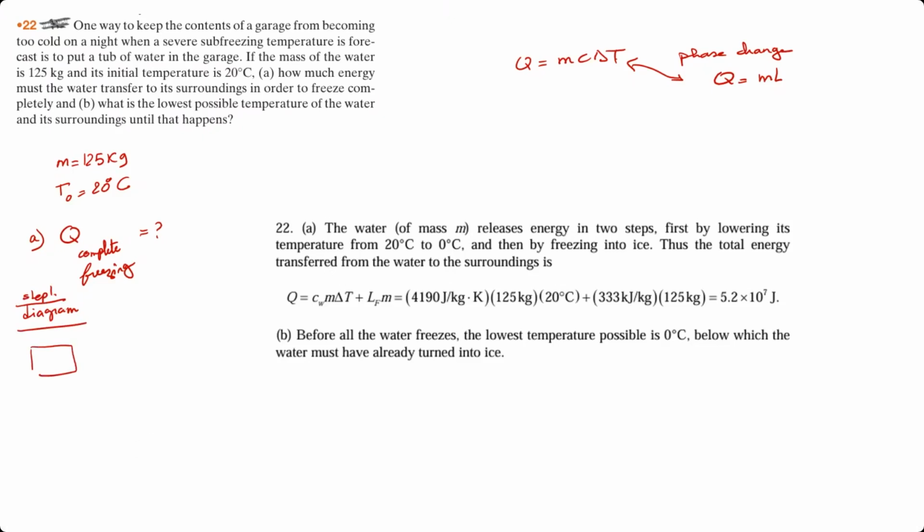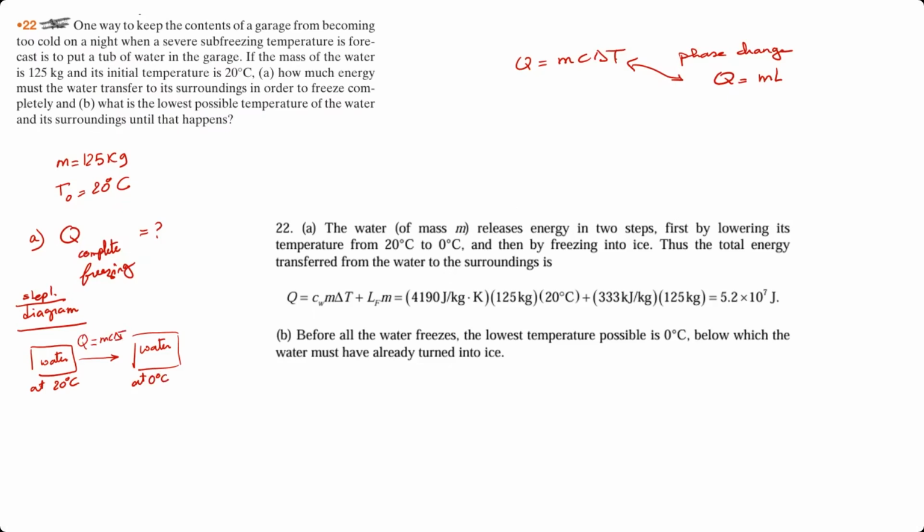My initial state is water at 20 degrees Celsius. Now, the water is losing energy to the cold room. So this water at 20 degrees Celsius will become water at 0 degrees Celsius first. And in this state, the process that has occurred involves an energy Q equals mc delta T.